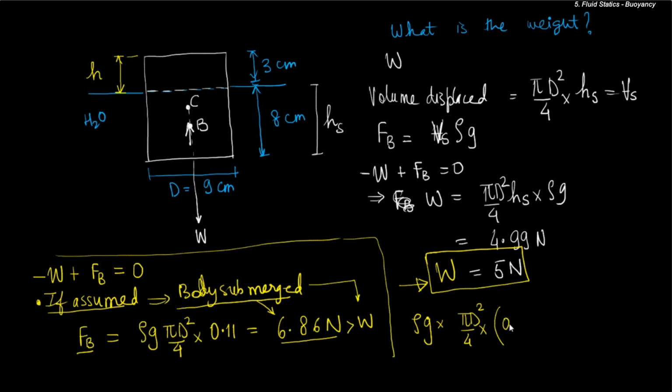So in terms of meters, it would be 0.11 minus h, and this would be balanced exactly by the weight, and this would naturally give us an h of 3 centimeter. This is the way to go about it.